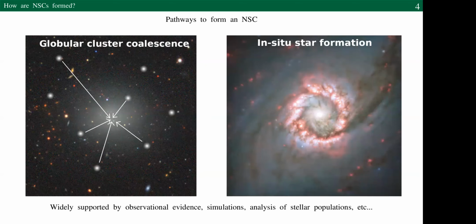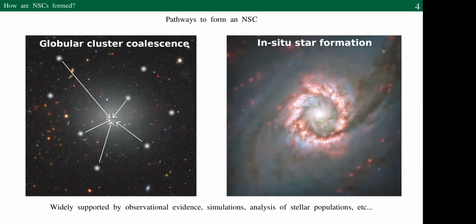In this scenario, some gravitational tidal perturbation will create enough dynamical friction to break the orbits of some globulars that will fall to the center of the galaxy. And then they merge, forming the nuclear star cluster.